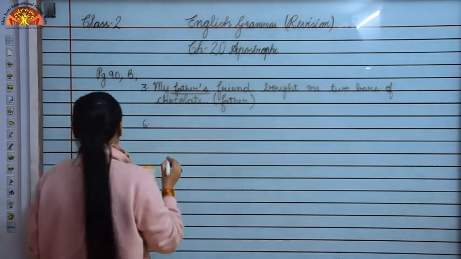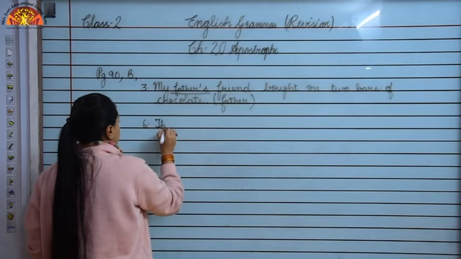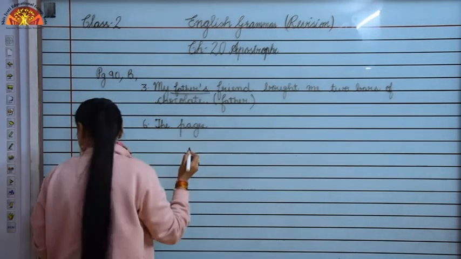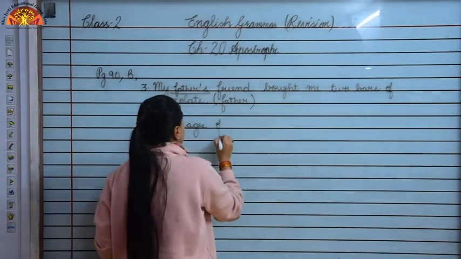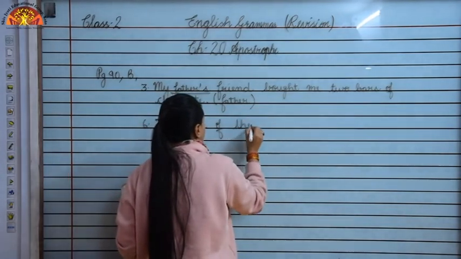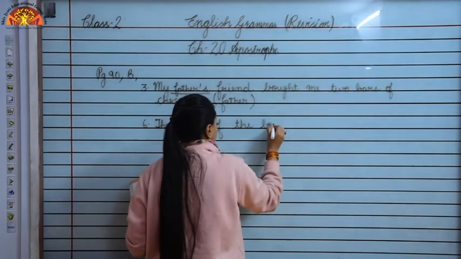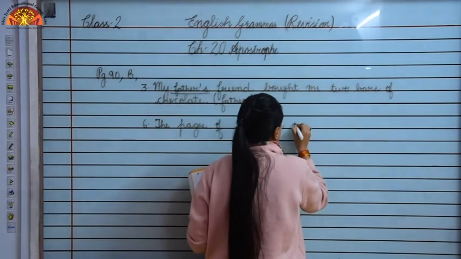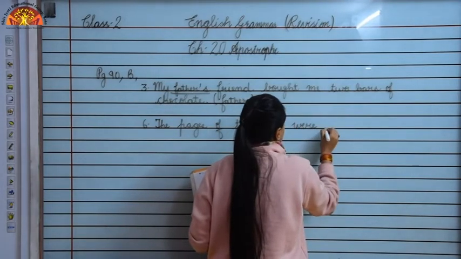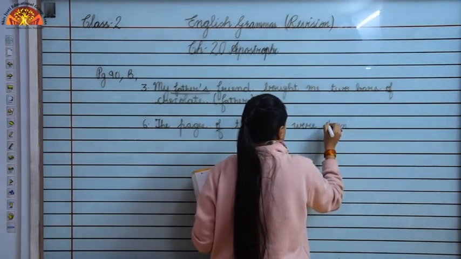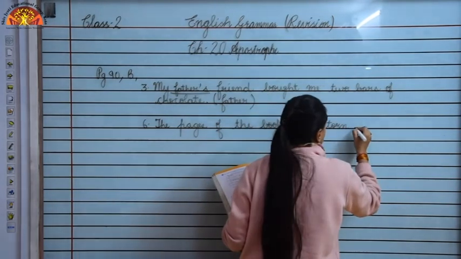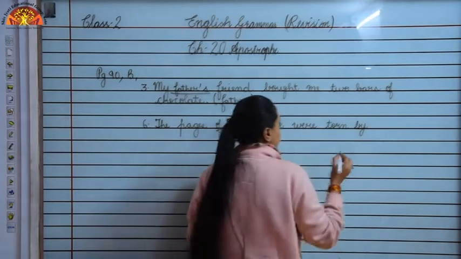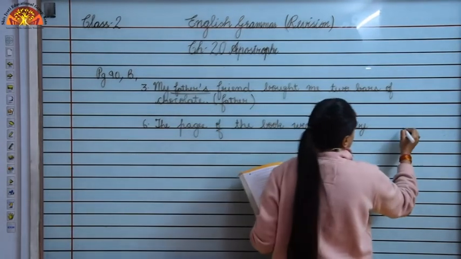Number 6 is: the pages of the book were torn by dash brother.